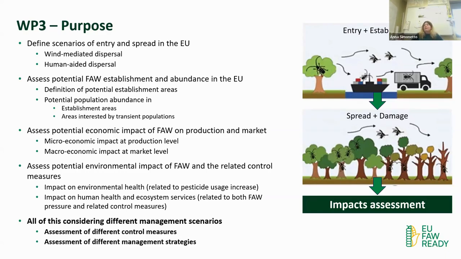So we have three main objectives: define the scenarios of entry and spread of the pest in Europe, assess the potential establishment and abundance, and assess the impact both from an economic perspective, focusing on micro and macro impact, and from an environmental perspective, analyzing the environmental health and the human and ecosystem impact.